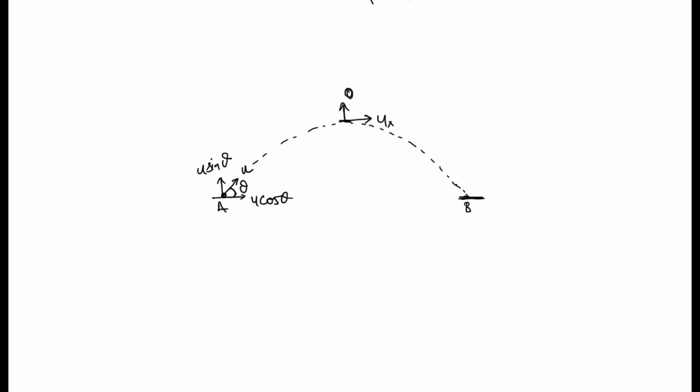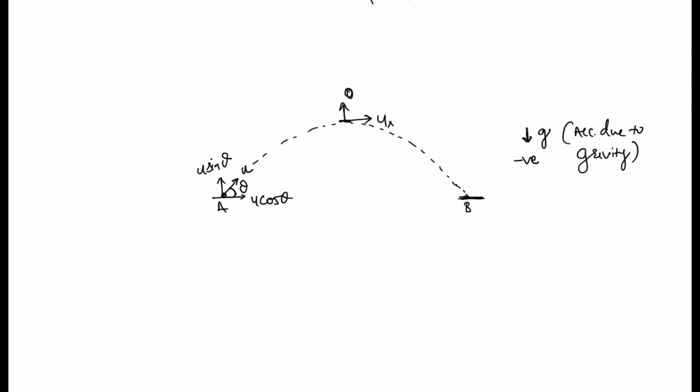Now we know that there is an acceleration present in vertical direction. What will the acceleration be? The acceleration will be equal to g, that is acceleration due to gravity, which is pulling this ball toward the center of the earth, and this acceleration is always present in the negative direction.